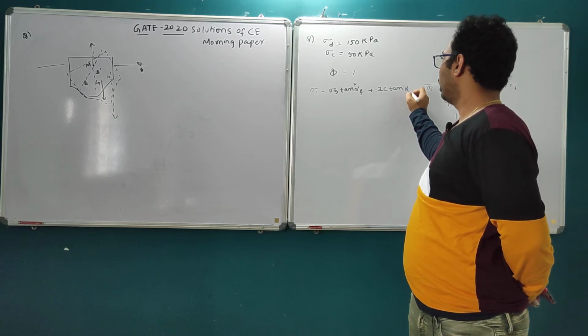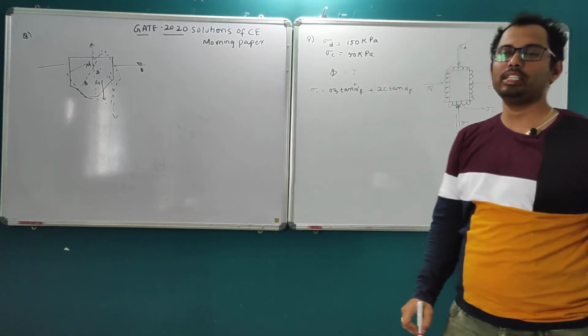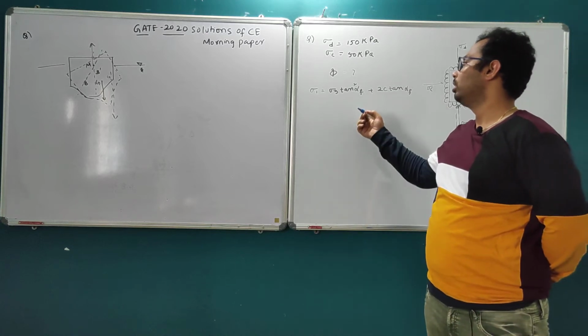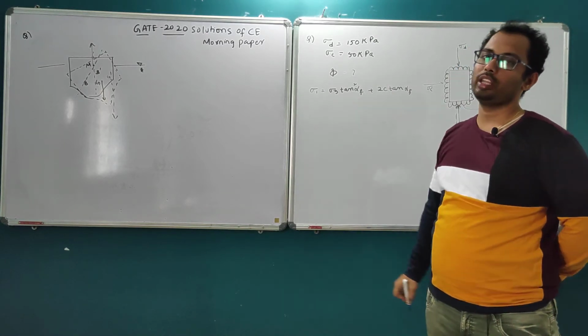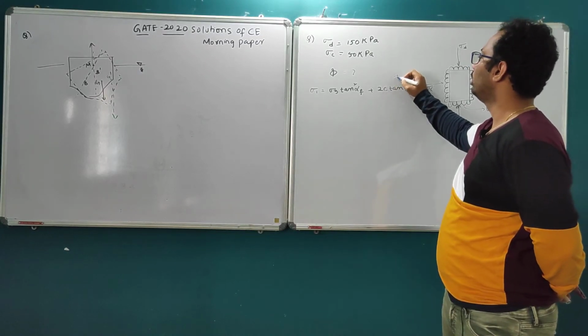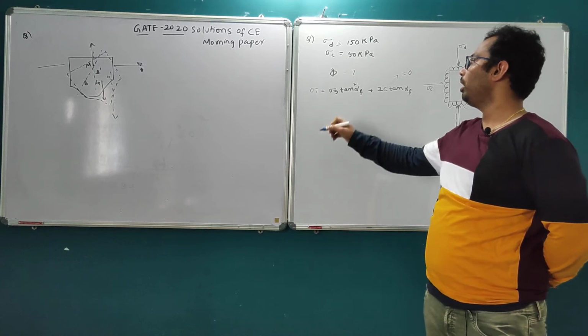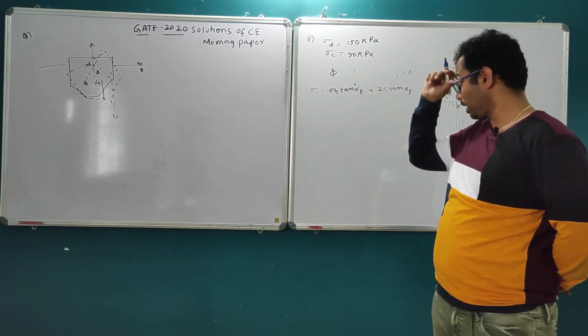Here it is a sand sample, so the cohesion term cannot exist. So simply sigma 1 equals sigma 3 tan square alpha f.